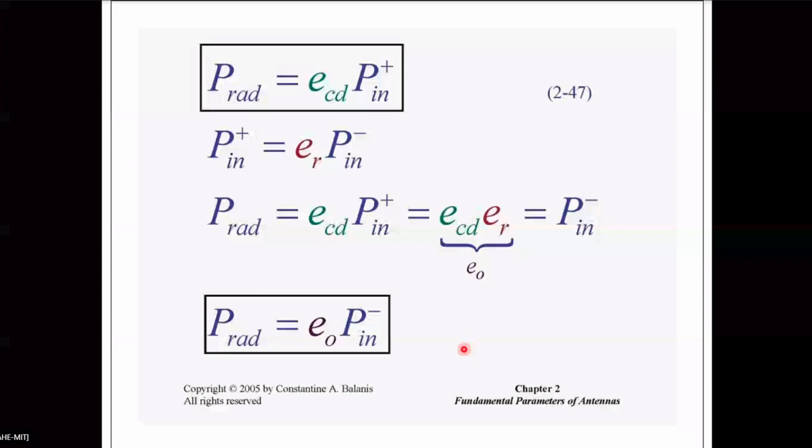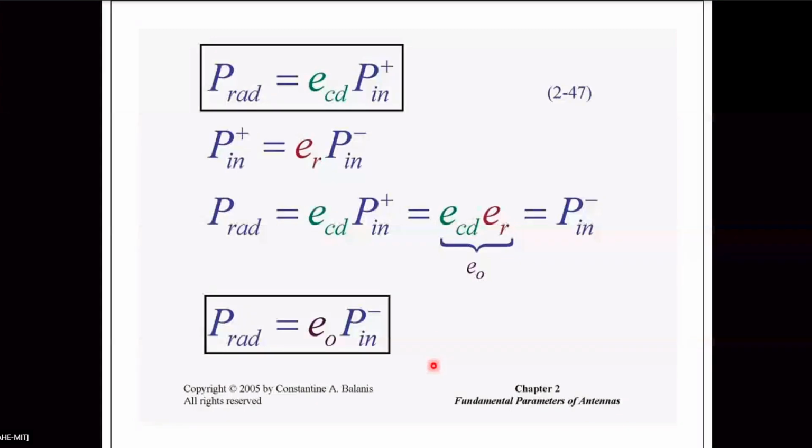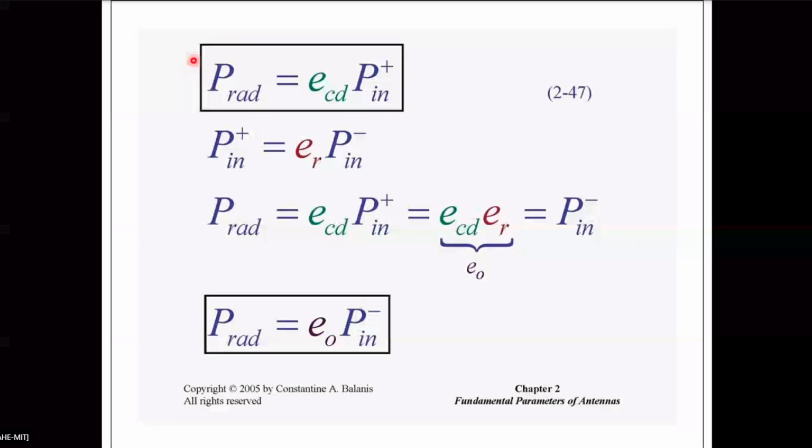So you have to see which formula you have to use. If reflection is not given in the problem, then you can use this formula. If reflection loss is mentioned in the problem, then you have to use the other formula. If he says ignore reflection losses, then you can use this formula.